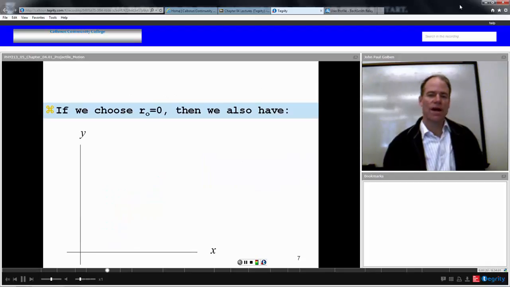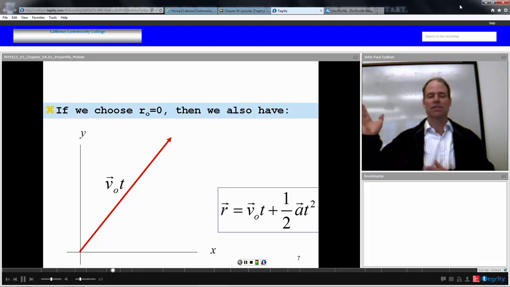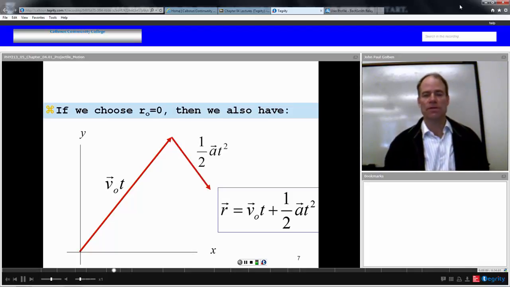We can also try this with our displacement. If we choose our initial position as 0, then our position becomes the same as our displacement. And our position as a function of time will be our initial velocity times time plus 1/2 acceleration times time squared. I can view this as vectors, with v naught t giving me a definite displacement in some direction, and there might be another displacement due to acceleration of 1/2 at squared.